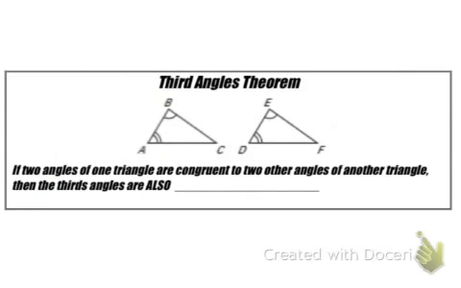Alright, this next theorem is called the third angles theorem. It states that if two angles of one triangle are congruent, so angle A and angle B are marked with congruent arcs, not congruent to each other, to two other angles of another triangle, then the third angles are also congruent.